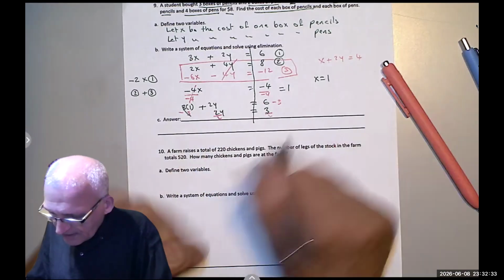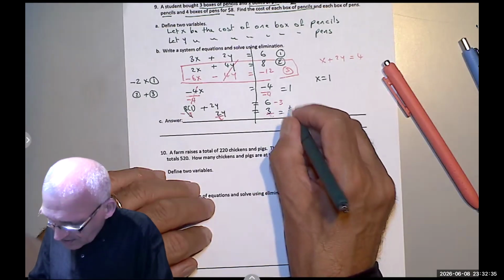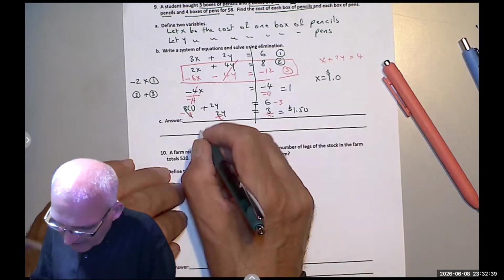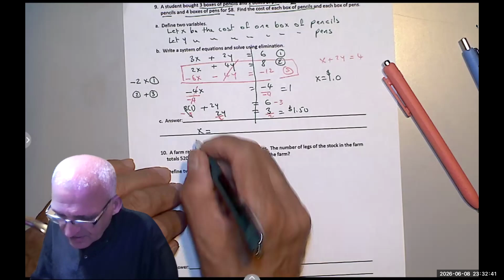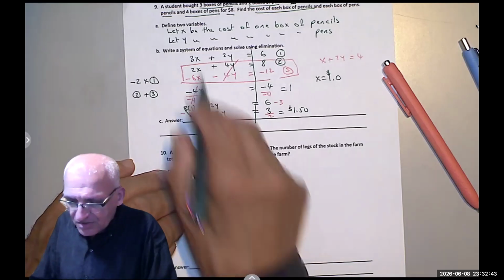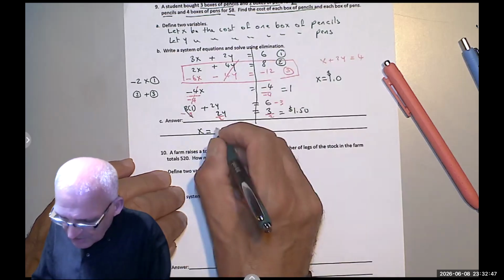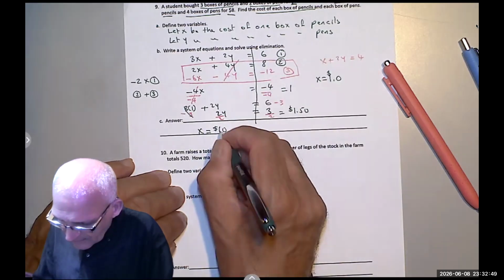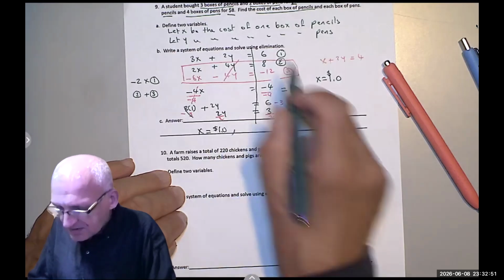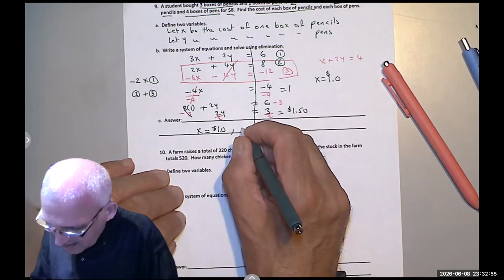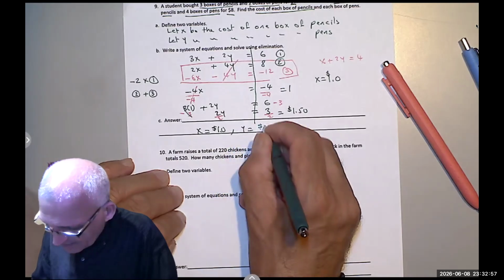So I get Y equals 3/2 or $1.50. And this one is just $1. So X, the cost of X. Instead of writing X, you go back and you say the cost of one box of pencils is $1. And the cost of one box of pens is $1.50.